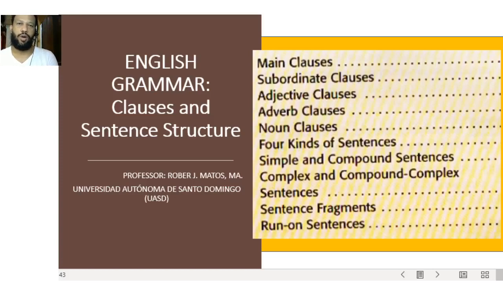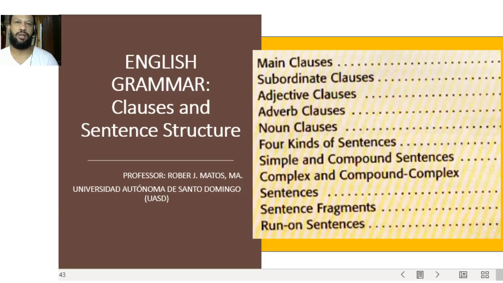Today we're recording a video on Unit 4 and this is going to be the second video for this unit. In a previous video we covered the sentence structure, identifying different types of clauses according to coordination and subordination of clauses.